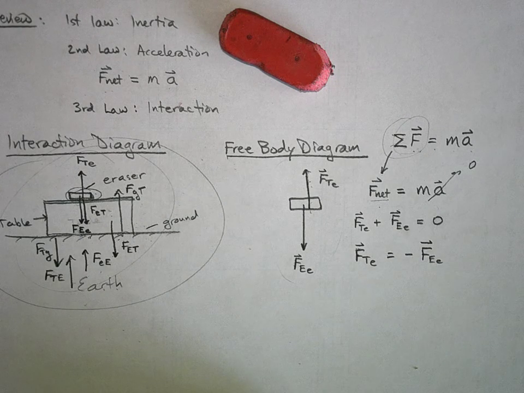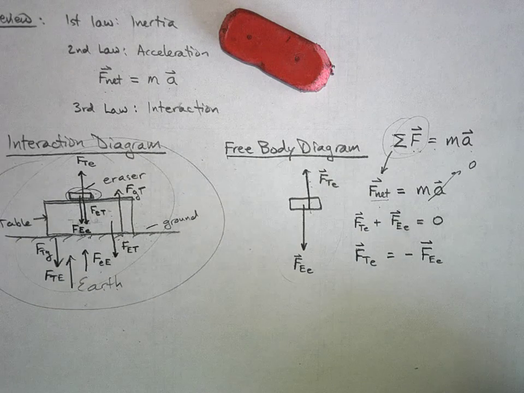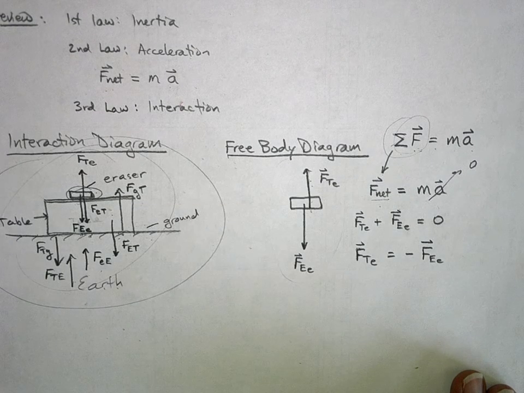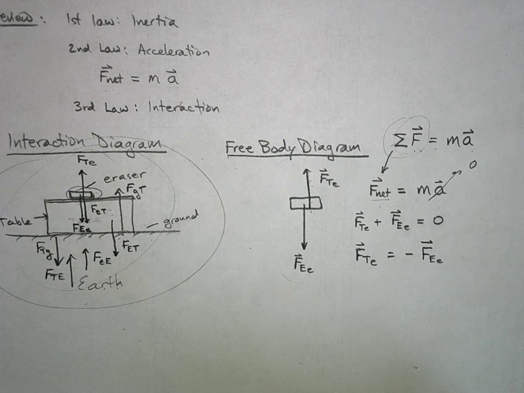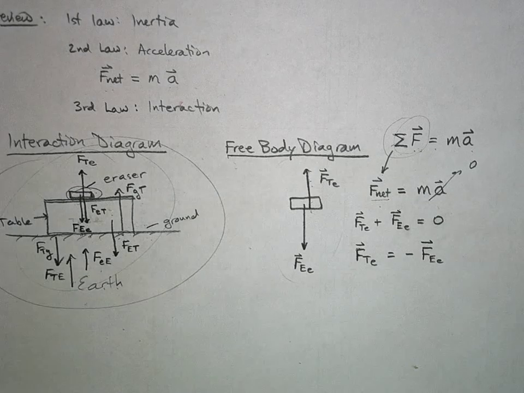Now, our problem is essentially solved here, or at least this is as far as we can go with this. We've looked at about as simple a situation as we can, and now we're going to get more complicated. But throughout this chapter 5, all the problems you're going to do, we're going to be doing the same thing over and over again.